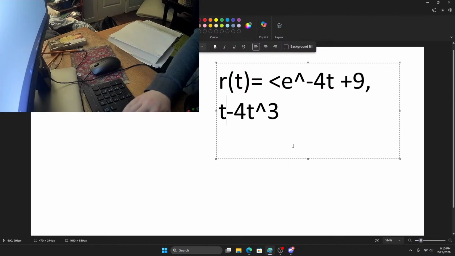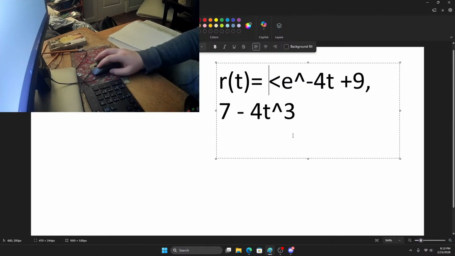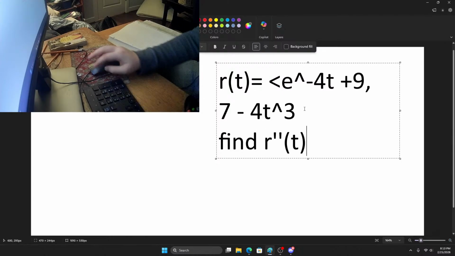Yeah, what the hell? So what that means is the second derivative. I have to find the second derivative of r of t.